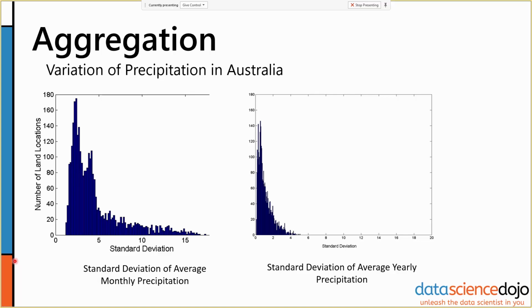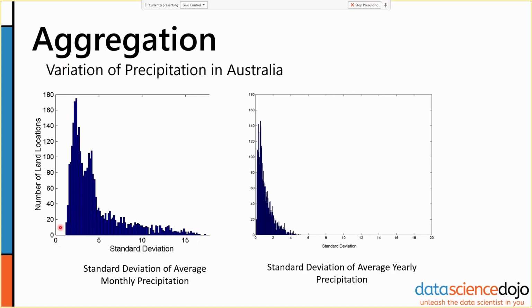So we're measuring the average monthly precipitation and the standard deviation of that monthly precipitation at 500 different land locations in Australia. When we do that on a monthly basis, we get this very wide spread of standard deviations.